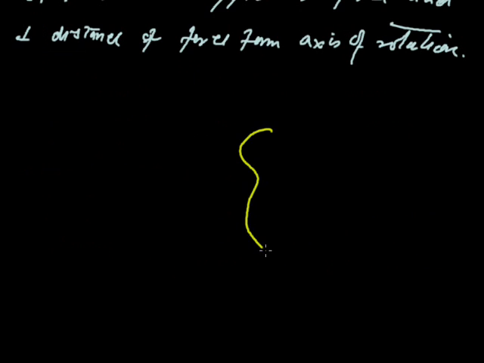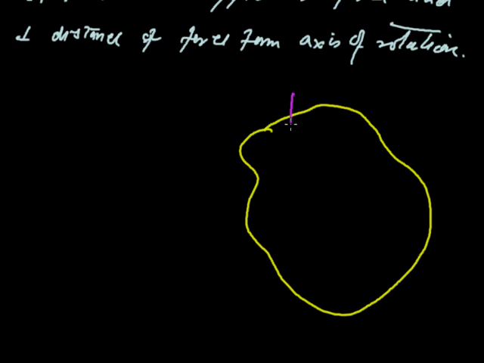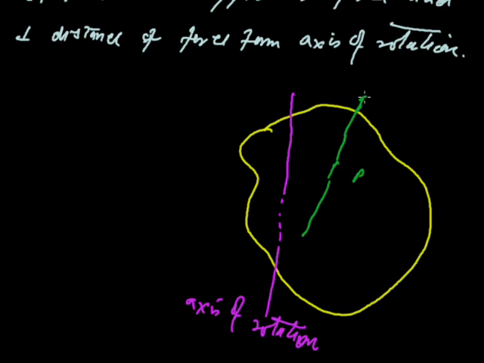If this is any object, it is free to rotate about this axis, the axis of rotation. A force is applied at this point P, in this direction.